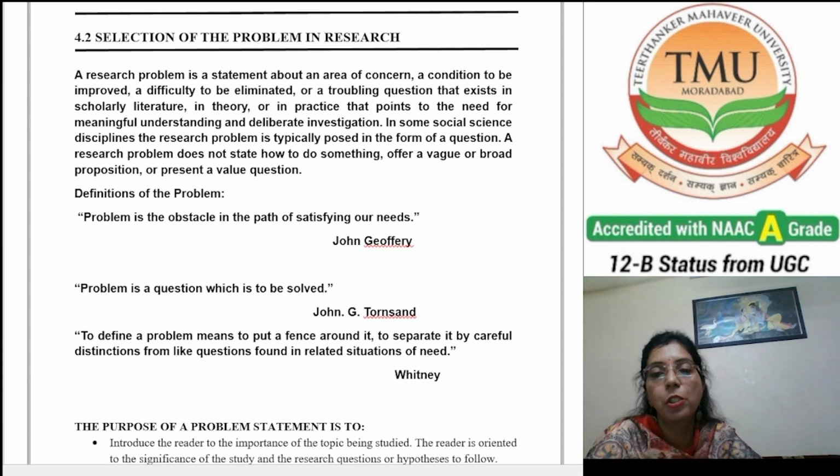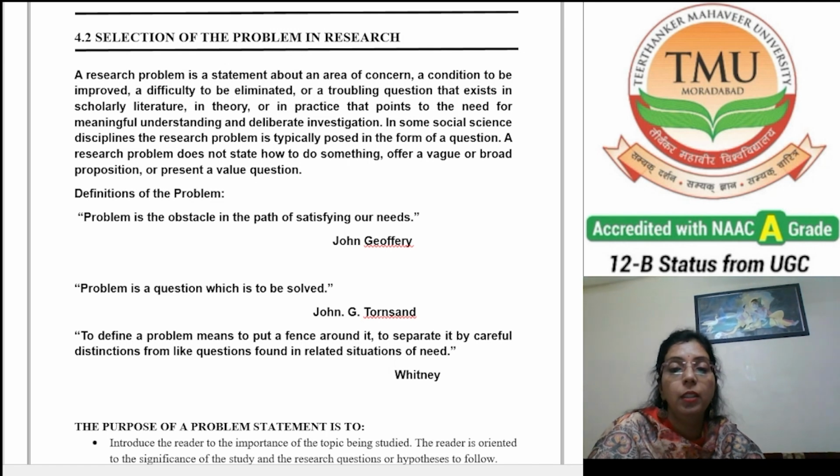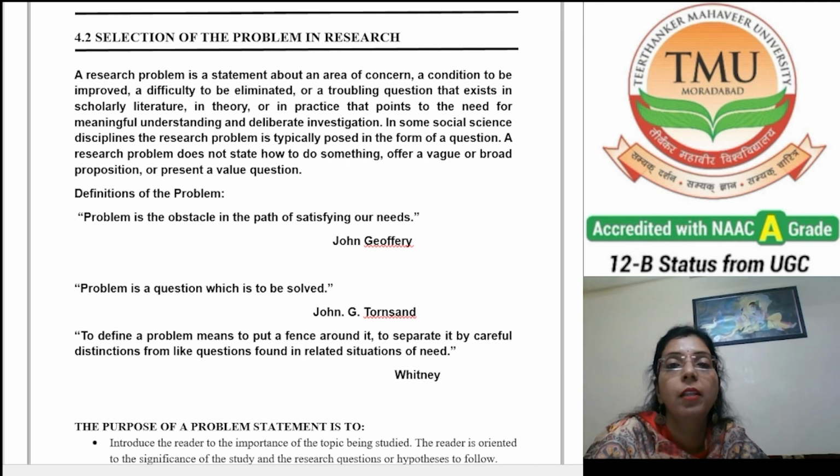While doing so, he should restrict it to the most potential topics that are open for extensive research out of several alternatives. The factors to be considered for topic selection, remember, listen very carefully, should be its relevance, whether it is relevant or not.